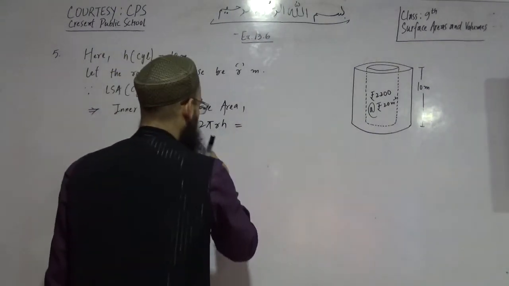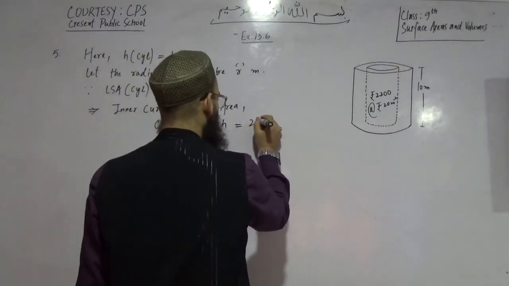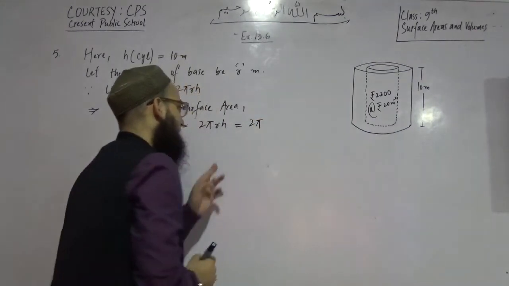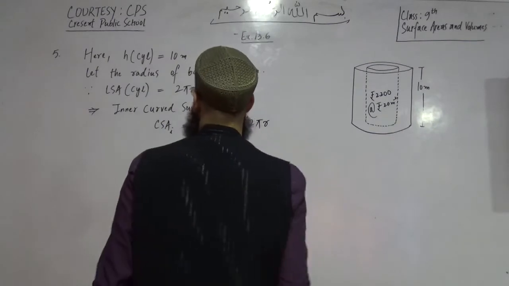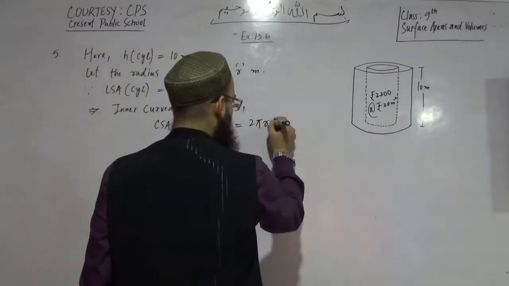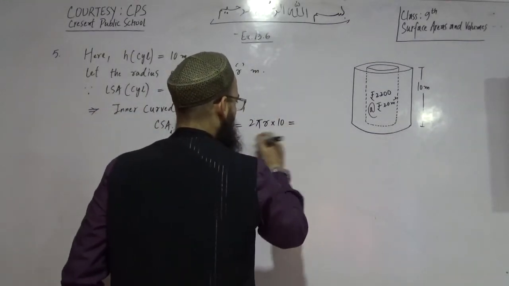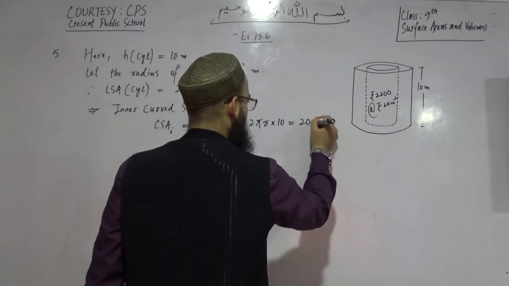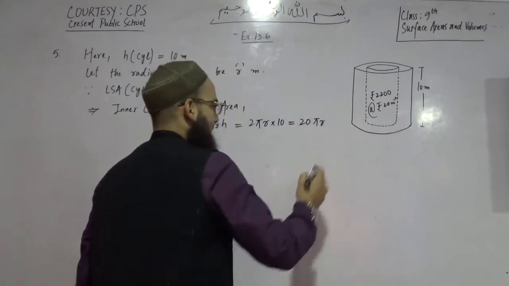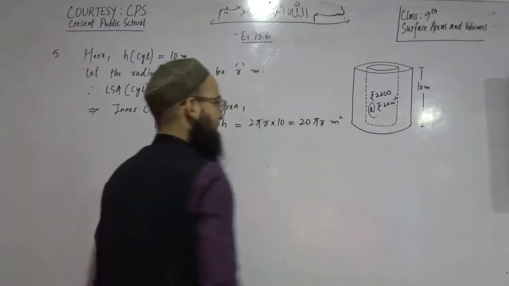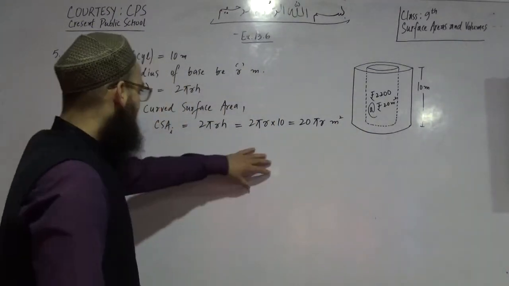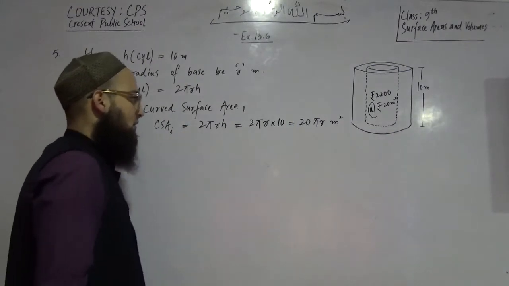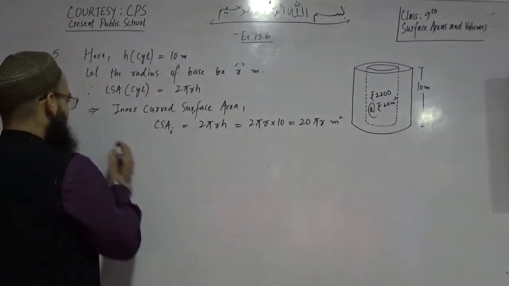That is equal to 2 pi, radius is r, height is 10, times 10, that will give you 20 pi r square meter. This is the inner curved surface area of this vessel.